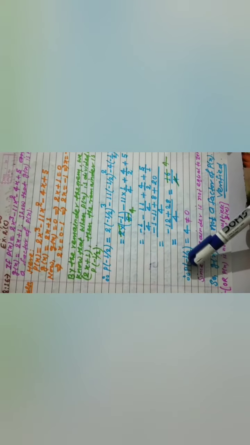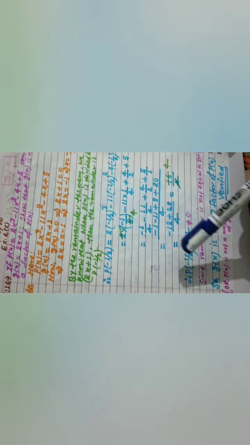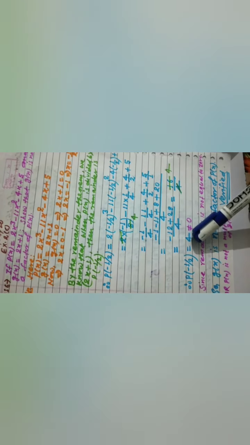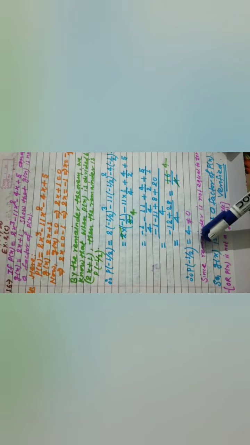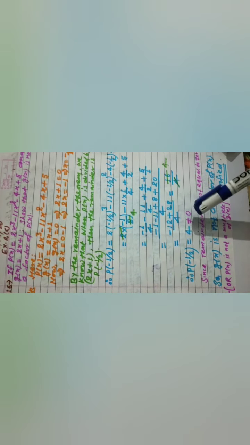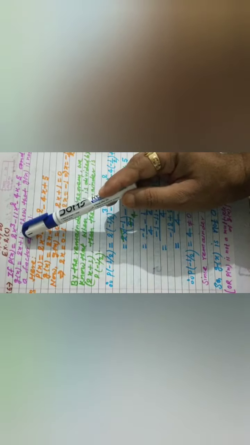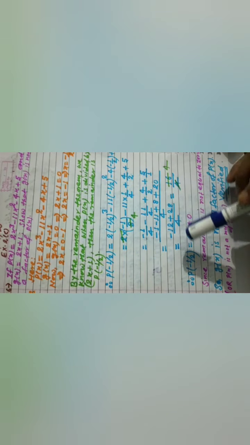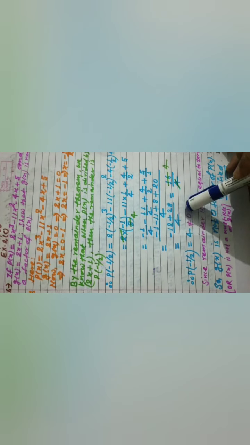Therefore the value of this polynomial at x equal to minus 1 by 2 that we have got is equal to 4, and it is not equal to 0. Since the remainder is not equal to 0, if this 2x plus 1 is a factor of this polynomial, then the remainder must be equal to 0, but we have found the remainder equal to 4, and it is not equal to 0.